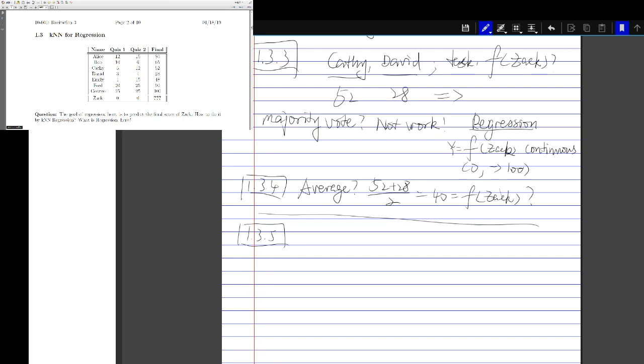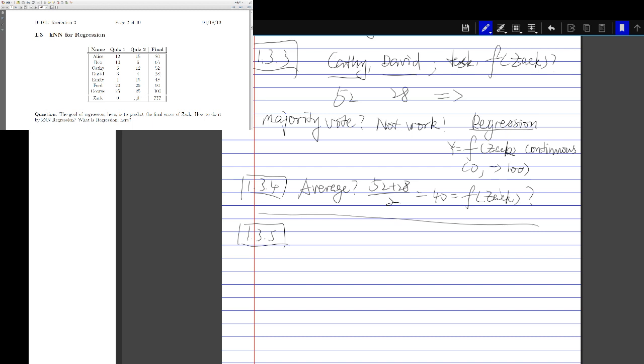Because if we go back to the data table here, and you look at the quiz scores, right? For Kathy and David, at least they got something during their quizzes. And for Zach, this is basically 0, right? So can we really say that Zach's score is going to be higher than David's? Remember, we were taking just simple averages, so the average is going to be between these two values.